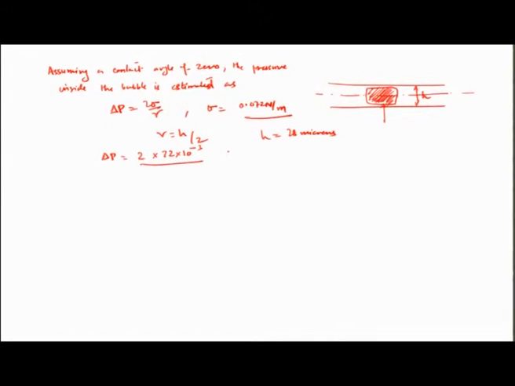So, delta P can be 28 times 10 to the power of minus 6 meters, again with 2 here, because obviously this whole h is 28 microns for the bubble to occupy the whole channel depth, and this is computed as 10 to the power of 5 pascals or approximately 1 bar for the bubble to hold.